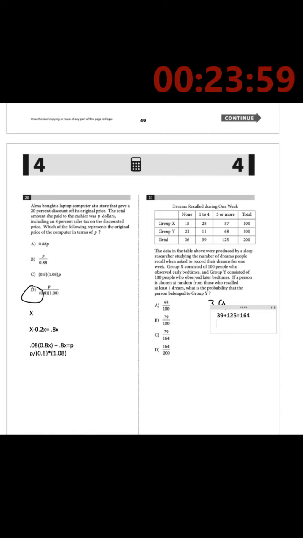Now, the total amount of people, and now the amount of people in group Y that recall at least one dream is 11 plus 68, which is 79. So the answer will be 79 over 164, which is C.